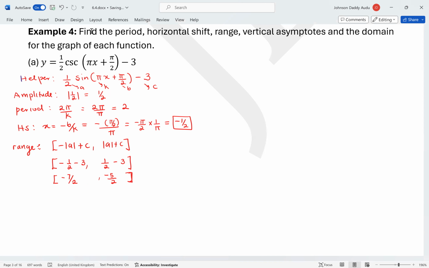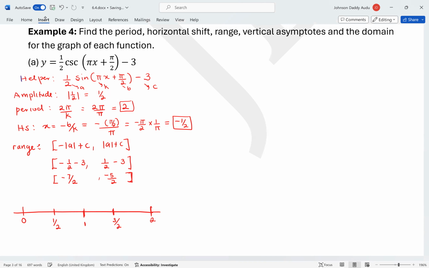The period is 2, so originally it's from 0 to 2, and we have to partition 0 to 2 into 4 intervals. The midpoint is going to be 1, and the other points are half and 3 over 2.